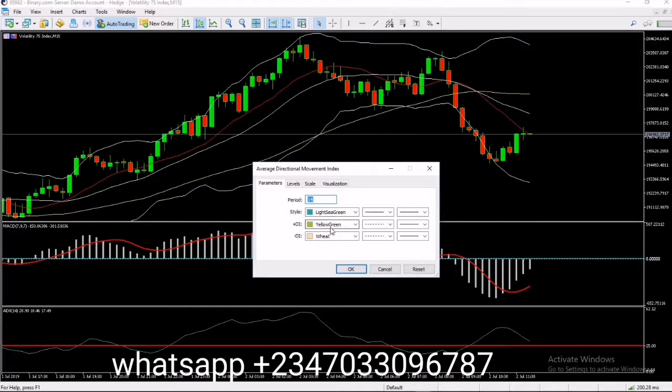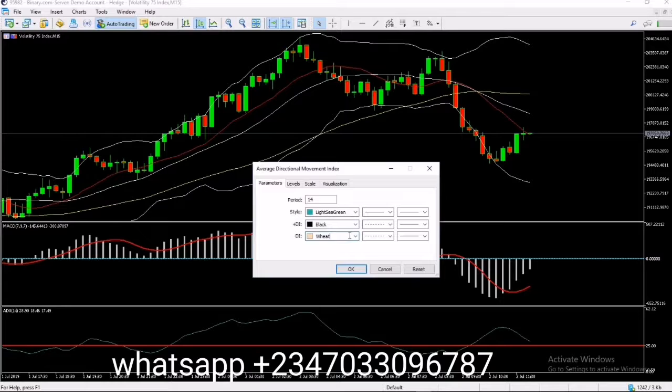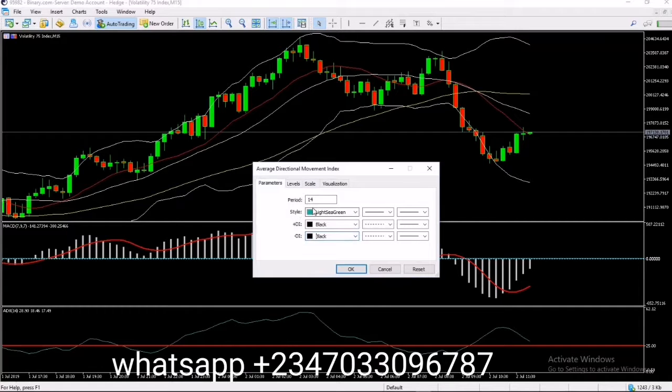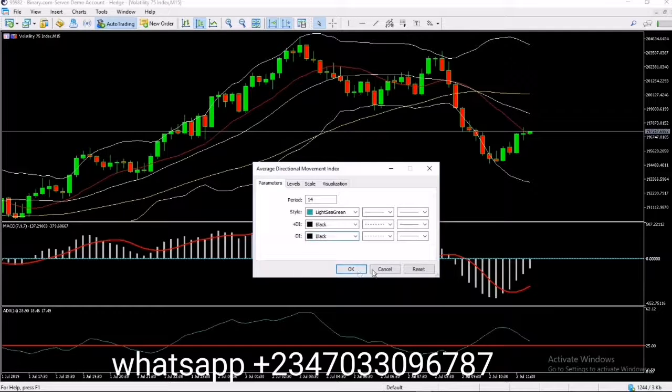You can choose whatever color you want for this, but I like to leave this as D plus. Based on the background of my chart, if my chart is black, I'll change the other one to black so it doesn't show, because the only thing I need is this style. I don't need this other one. So you click OK.